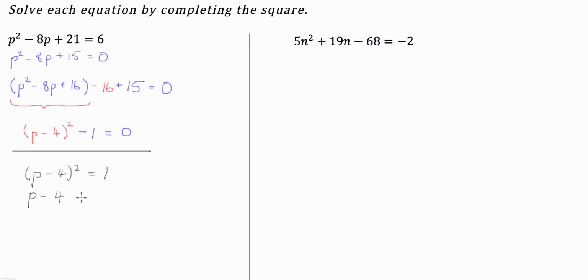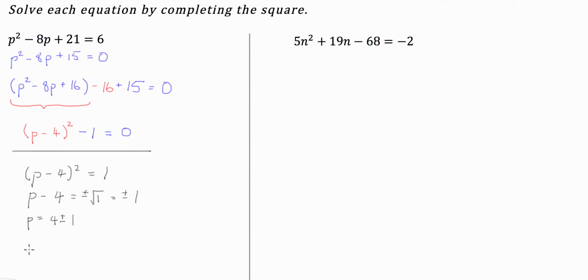Now this is where a lot of students come unstuck. This is going to equal the plus or minus square root of 1, which is just equal to plus or minus 1. Then we're going to take the 4 across to the other side by adding 4 to both sides. So we end up having p is equal to 4 plus or minus 1.